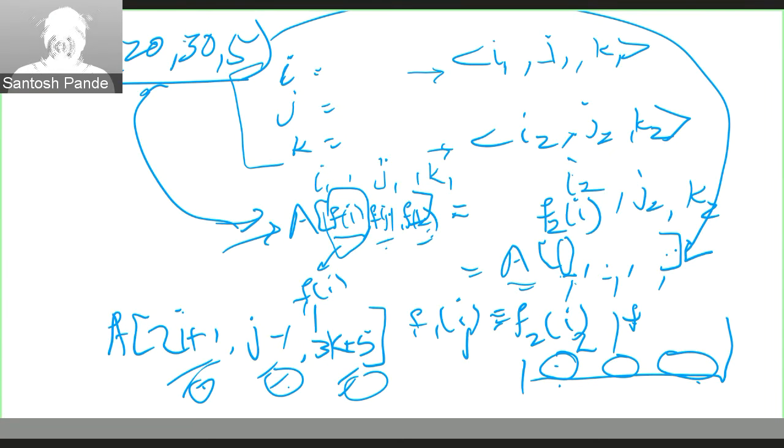Now the dependence exists because the Bernstein conditions are satisfied, that there is a read and there is a write. And if we try to parallelize these iterations, things will be problematic because we are generating these reads and writes in a particular order in this loop, but in the parallel loop, the order will be indeterminate. Anything can happen before any other thing, and because of that the loop semantics will get violated.